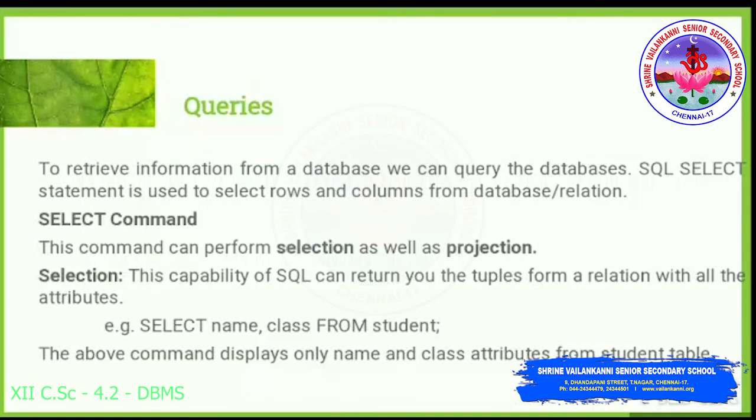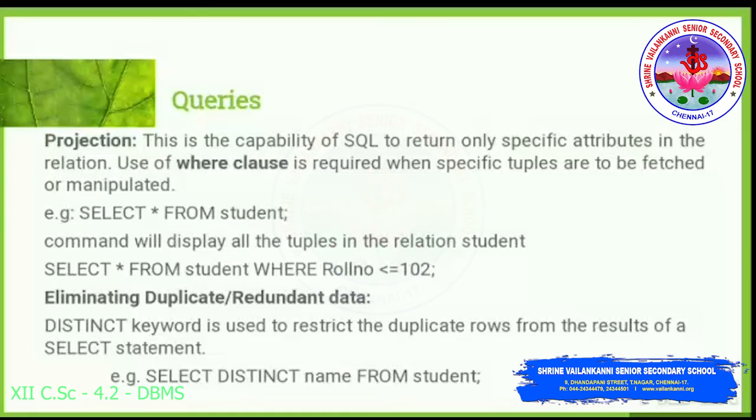Selection: this capability of SQL can return the tuples from a relation with all the attributes. Example, select name, class from student. The above command displays only the name and class attributes from the student table. This is projection. Projection is the capability of SQL to return only specific attributes in the relation.